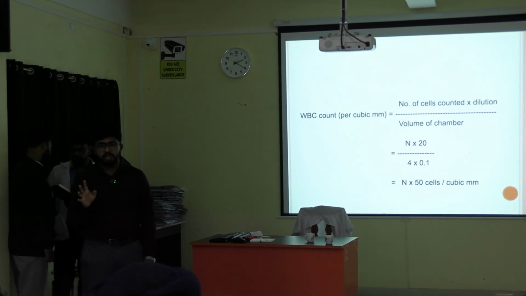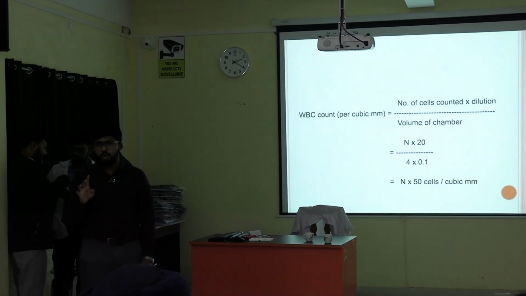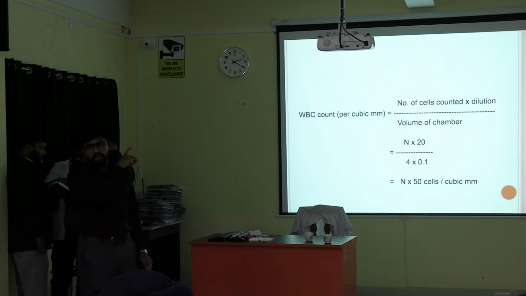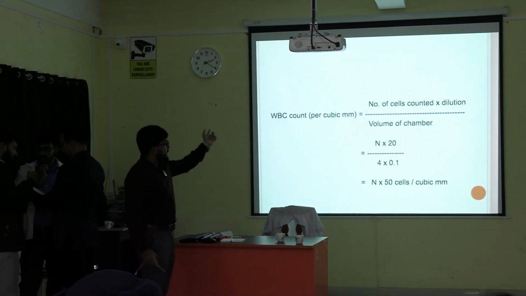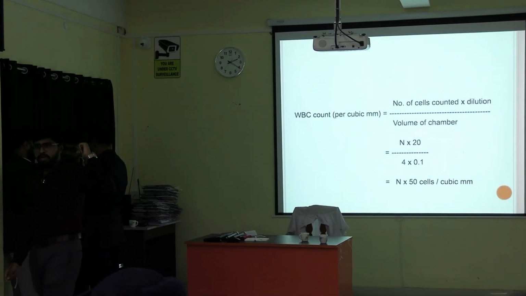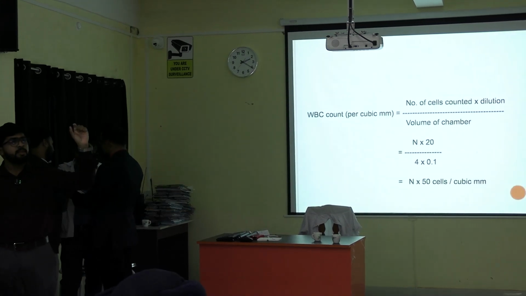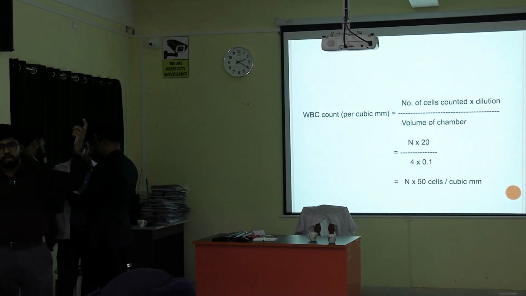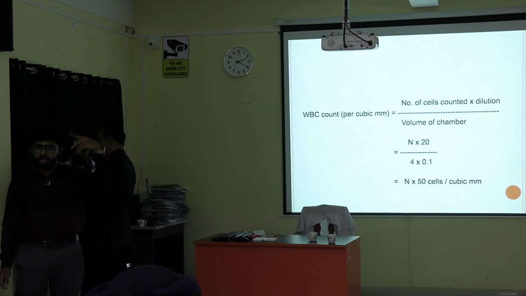Now you are multiplying it by the dilution factor of 20 and dividing it by 4 into 0.1. How does it come? 0.1 cubic mm is the volume of 1 large square, so 0.4 cubic mm is the volume of 4 large squares.